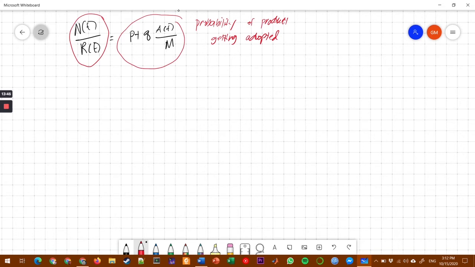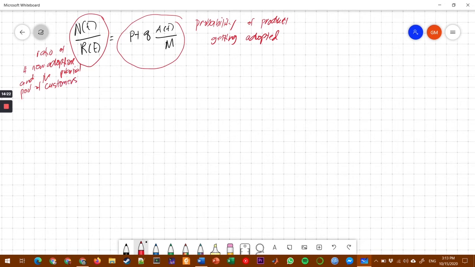So this is one way of saying that the probability of a product getting adopted is equivalent to the ratio between the number of new adoptions and the potential candidate pool of customers.